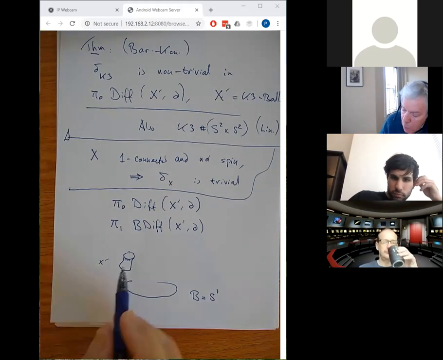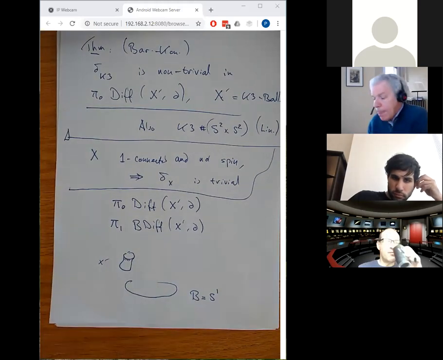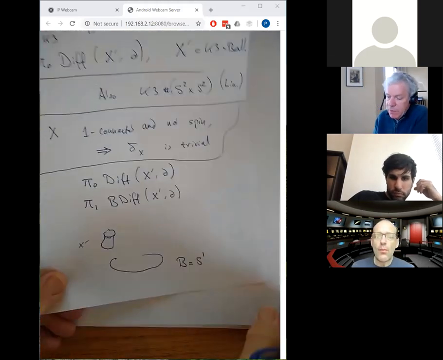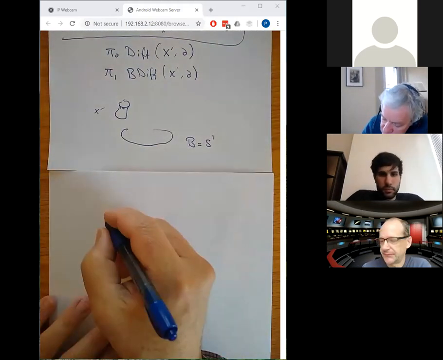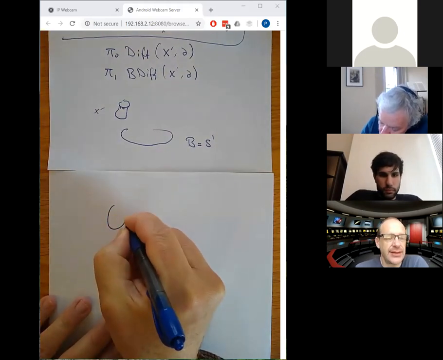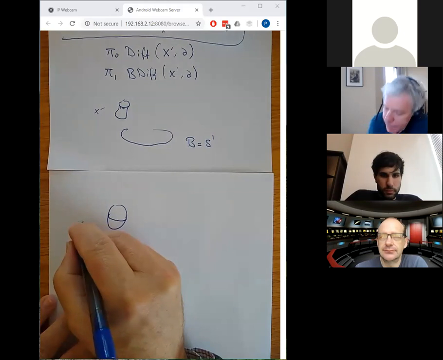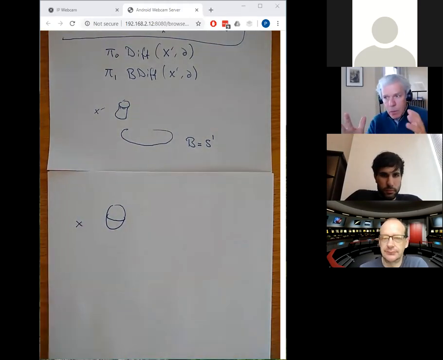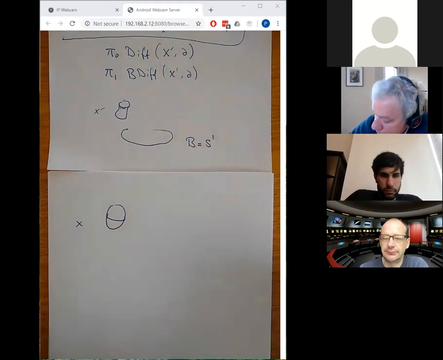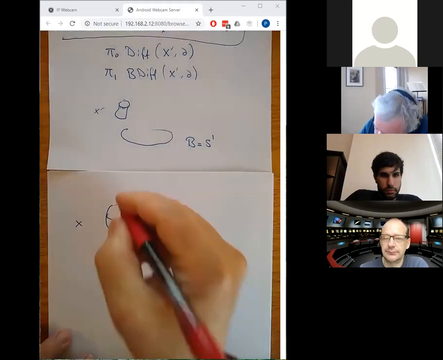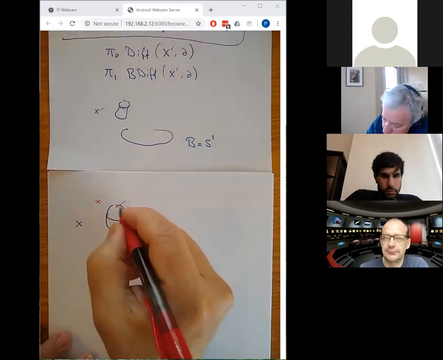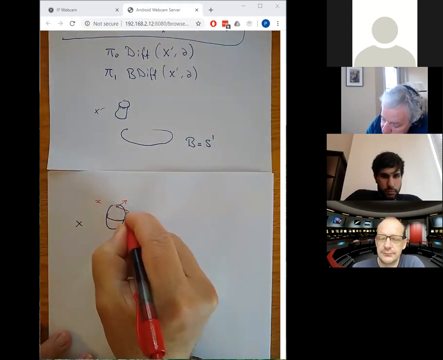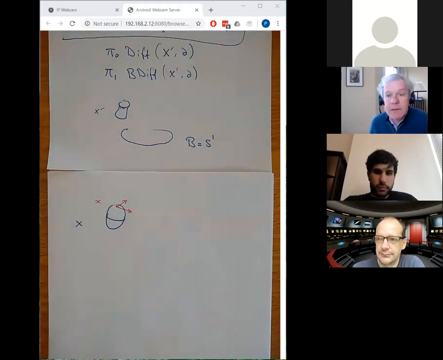But removing a ball and fixing the boundary pointwise, once you have a smooth structure, is no different to sticking to your original closed manifold X. Instead of cutting out a ball and framing the sphere there, we can take a base point x and think about a framing of the tangent bundle, so an oriented basis at that point.